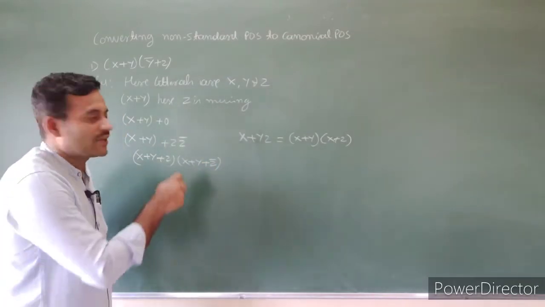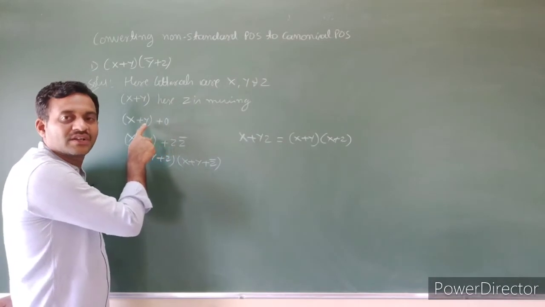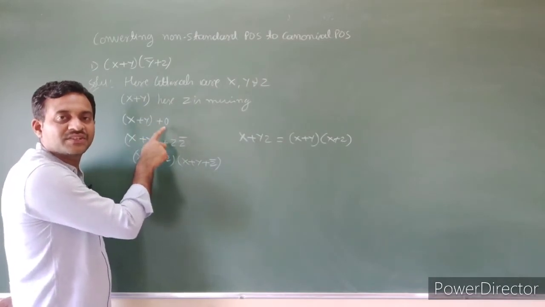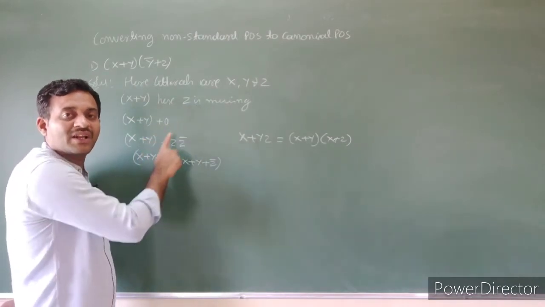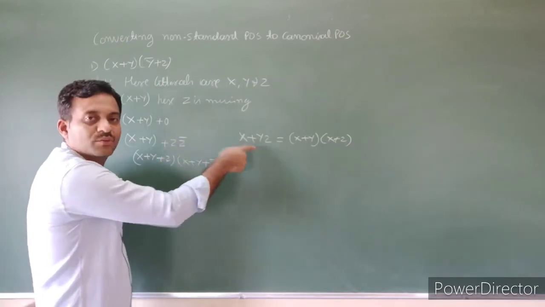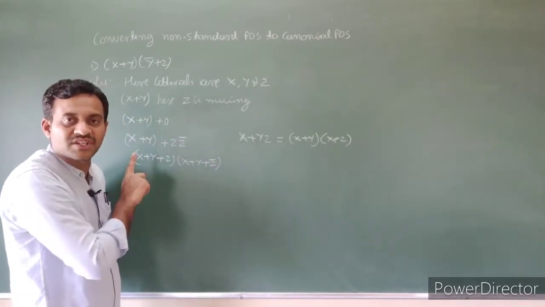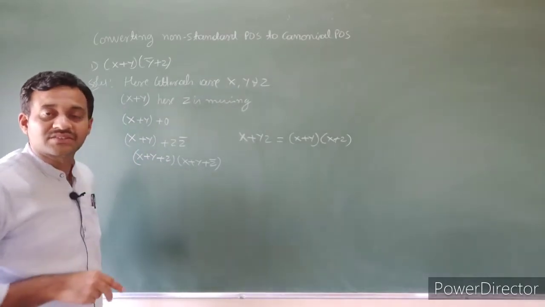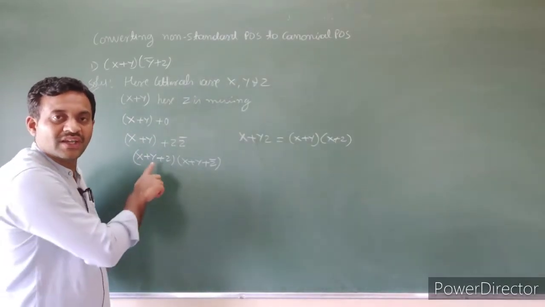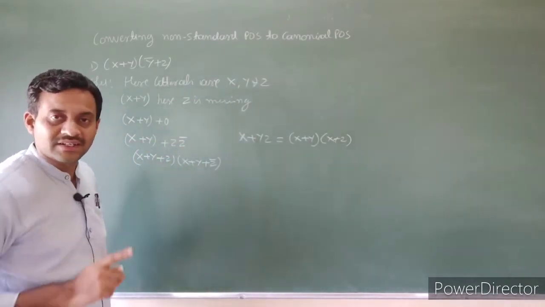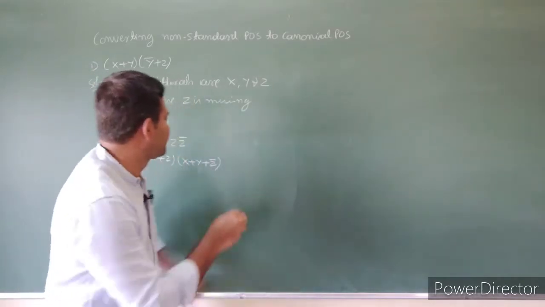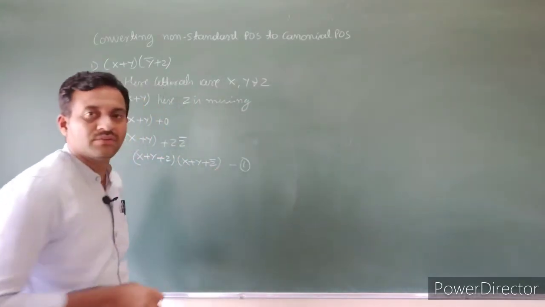I repeat. First, add 0 to the given expression. Then replace 0 by the missing variable and its complement. Apply the distributive law. Then we get the max term expression, where all the terms have all the literals. Mark it as expression 1.